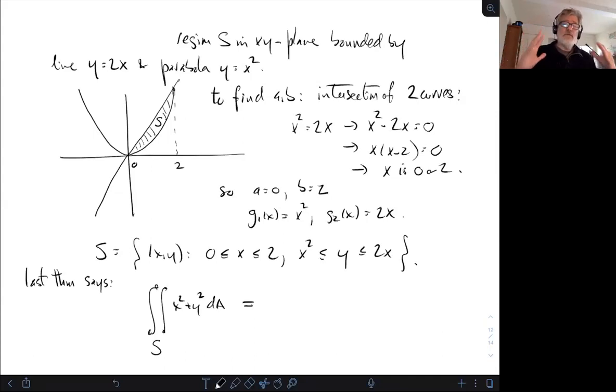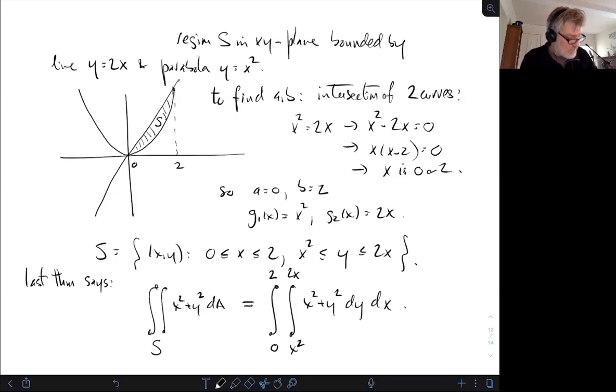The constant bounds are outside. It makes no sense to have non-constant bounds on the outside. You won't get a number, okay? So this is the integral from 0 to 2. These are a and b. Integral from x squared to 2x of x squared plus y squared dy dx.